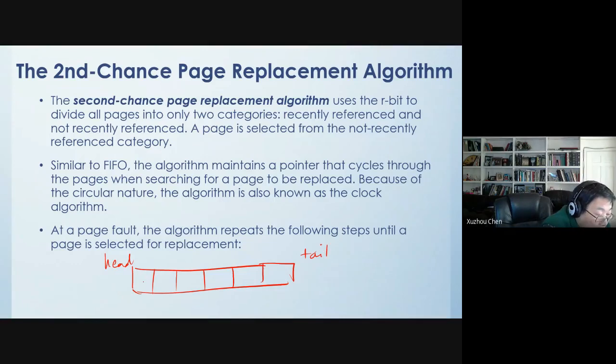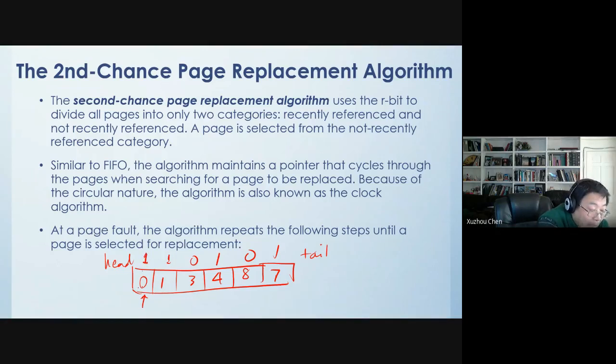Say the pages are 0, 1, 3, 4, 8, 7. Based on the FIFO, the page at the head will be replaced, right? But each page is also associated with a reference bit. Suppose the reference bits are 1, 1, 0, 1, 0, 1. So page 0 is at the head based on the FIFO. However, page 0 was referenced.